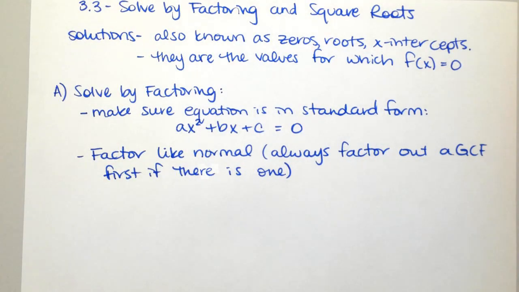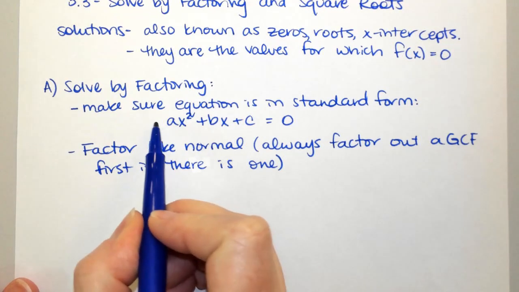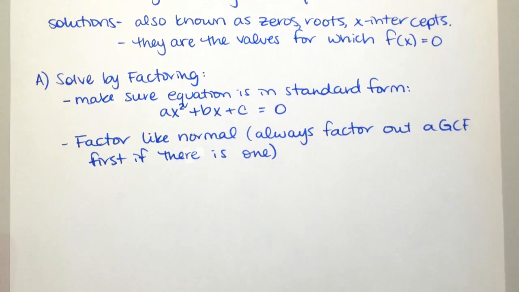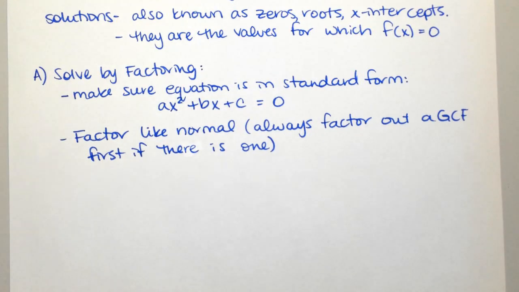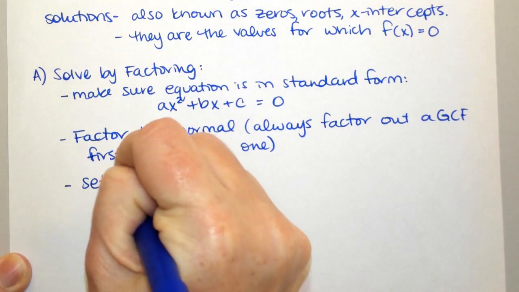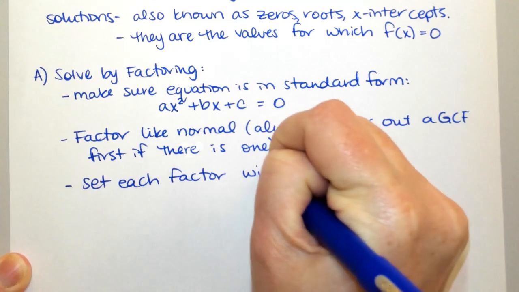So if all your terms are divisible by a number or a variable, or if your leading coefficient was a negative, you would want to factor out that negative first. And then afterwards, you would just set each factor with a variable equal to 0.